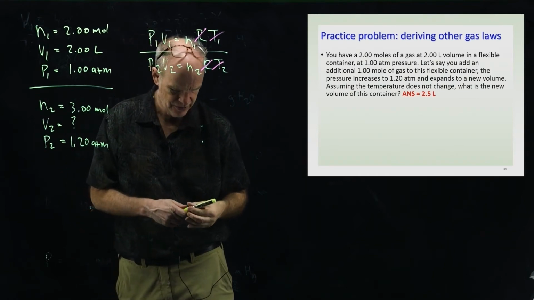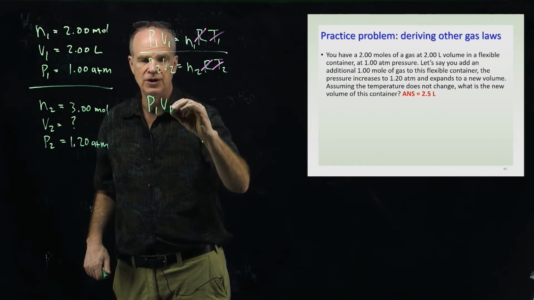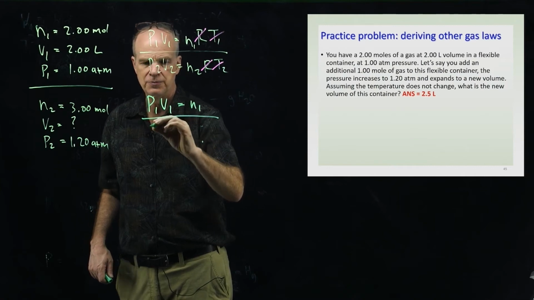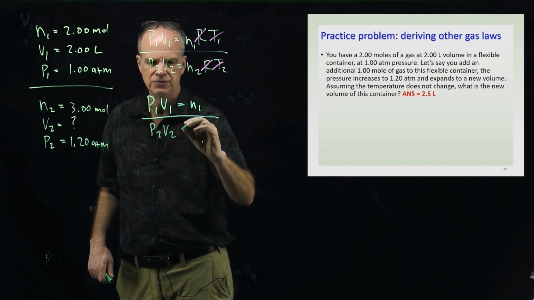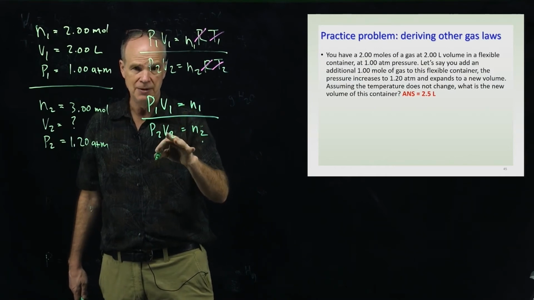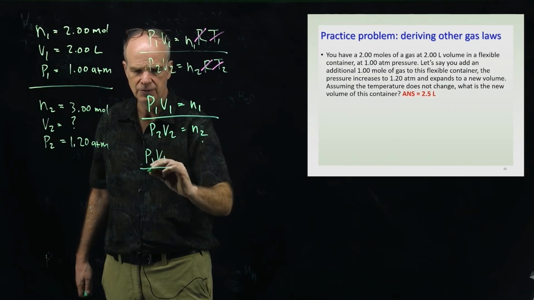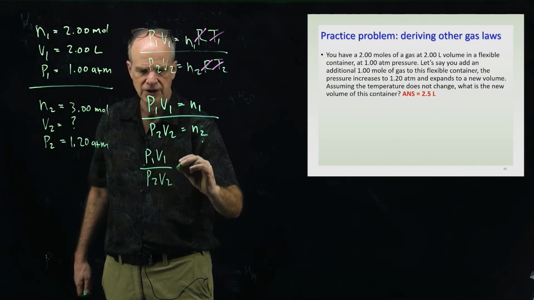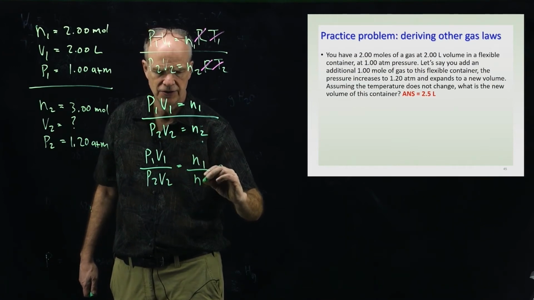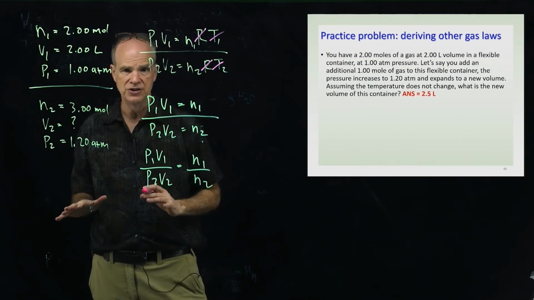So we can write this now like this. Let me get a new pen. It's going to be P1V1 over P2V2 is equal to N1 over N2. So what I can do further is break this up into two portions. Now, what we want to do is compare initial conditions to final conditions.